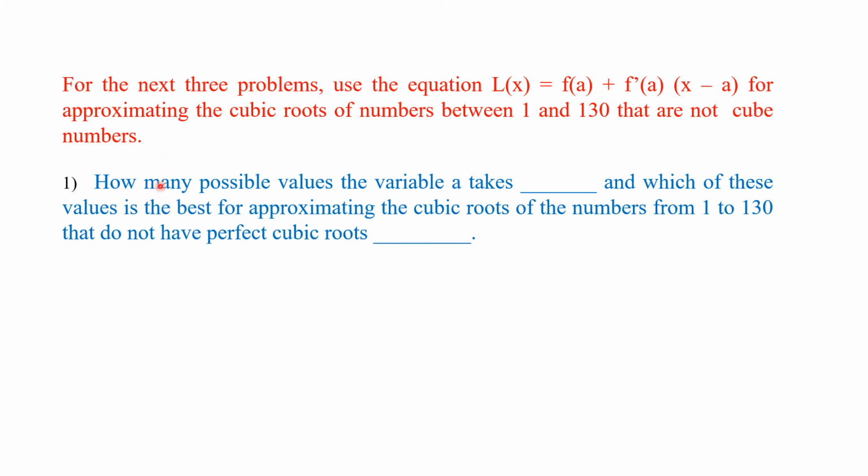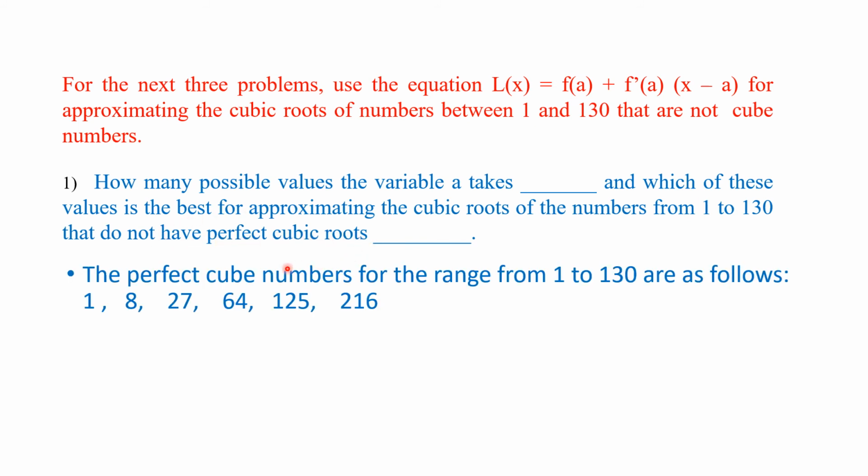How many possible values does the variable a take, which is the variable involved in the calculation of L of x? That's the first part. And which of these values is the best for approximating the cubic roots of the numbers from 1 to 130 that do not have perfect cubic roots?